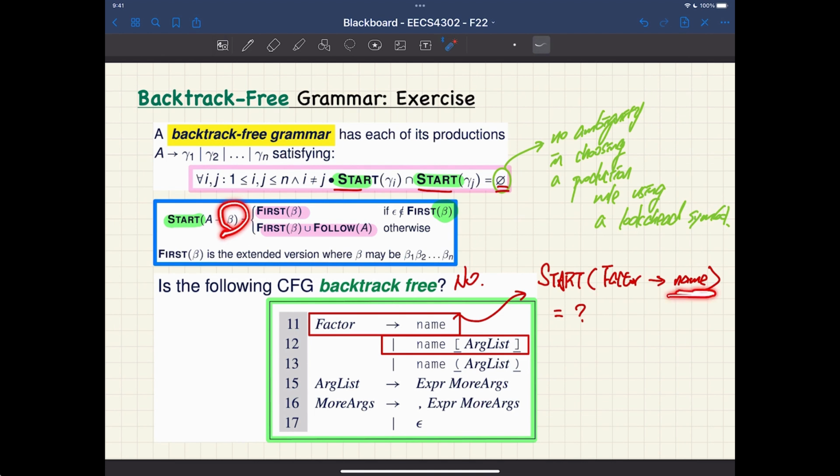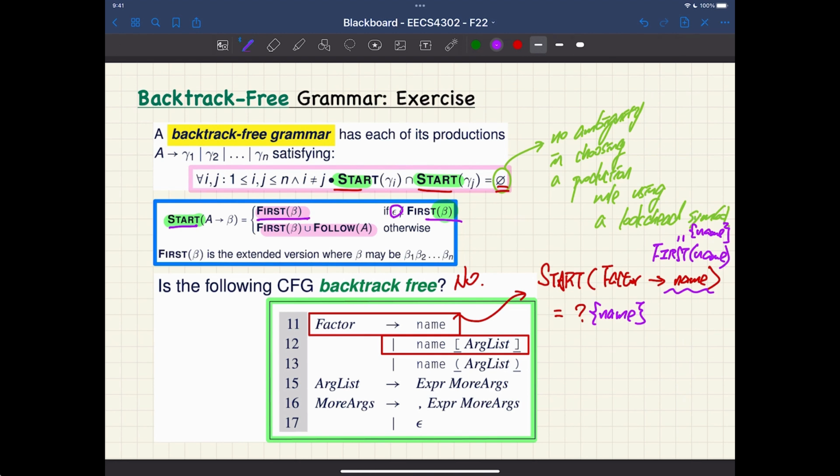What is the first of name? Well, just name. It's only a terminal, right? That's something you want to see first. So the first of name over here would be just the set with one symbol, just name, because epsilon is actually not there. Because it is not there, by definition, the start set would just be the first set. So it will be just name.